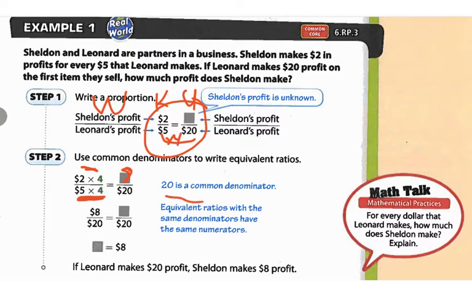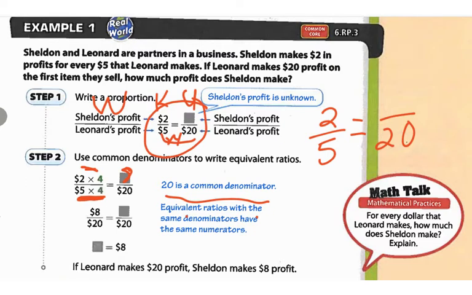So they're saying 20 is the common denominator. Equivalent ratios will have the same denominator. That's how you can compare them, okay? The other way we could look at this is if I have 2 over 5 and I set it equal to something over 20, I can also use cross multiplication to figure this out.